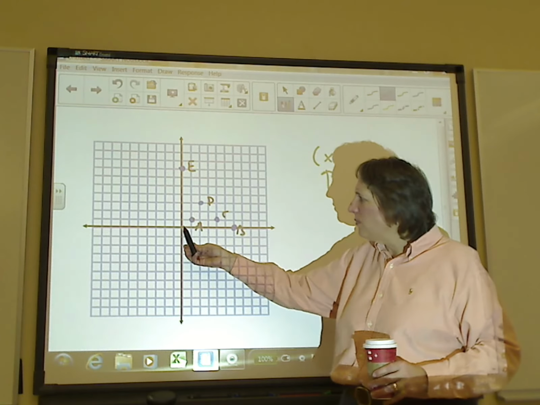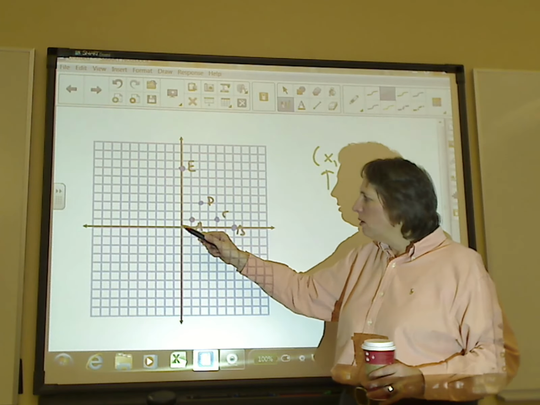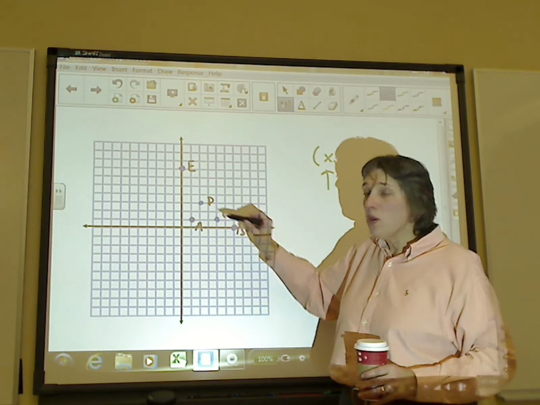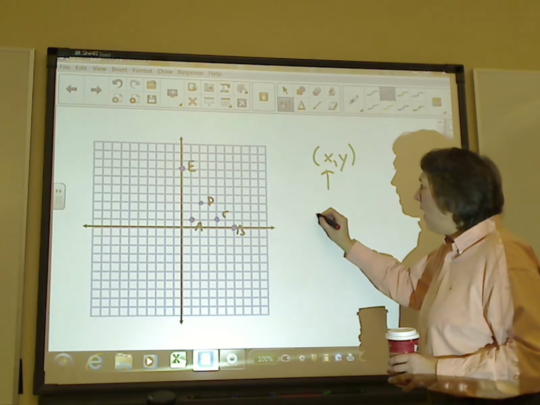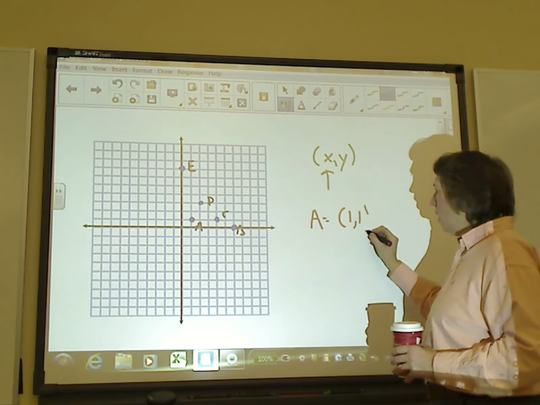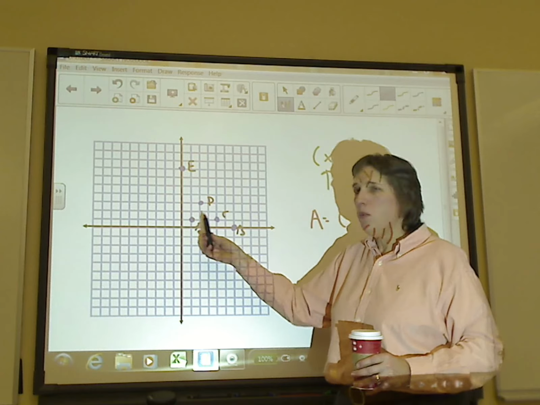You see that? Well, x is 1 and y is 1 because we go over 1 and up 1. So the point for A, you'd write it like this, is 1, 1. That means over 1 and up 1.